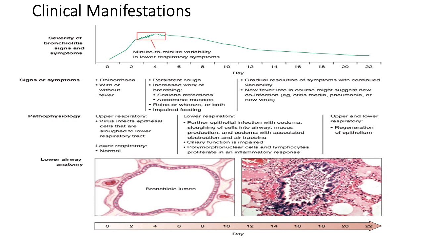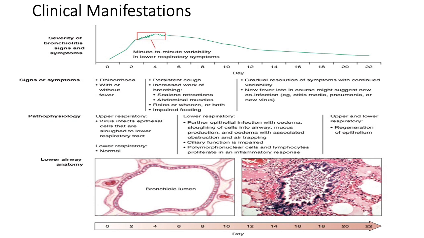So, we have seen that there are 3 phases. First, a prodromal phase of 2-3 days, followed by an acute phase of respiratory distress and persistent cough, and followed by a phase of gradual resolution.